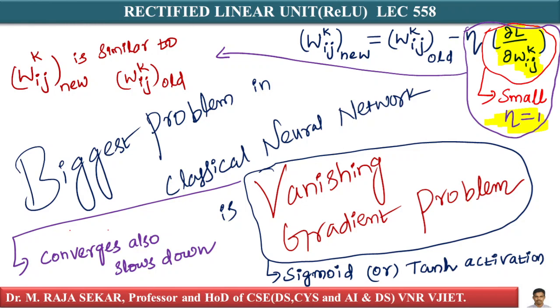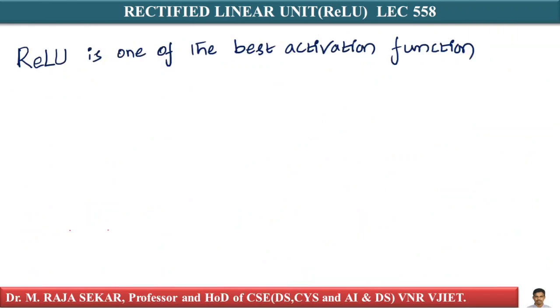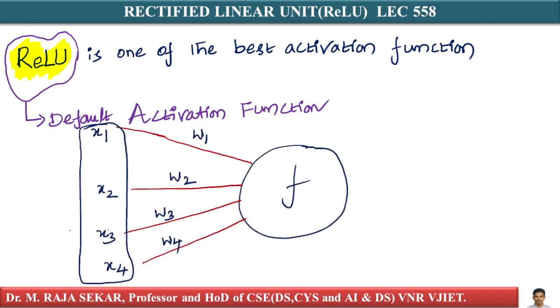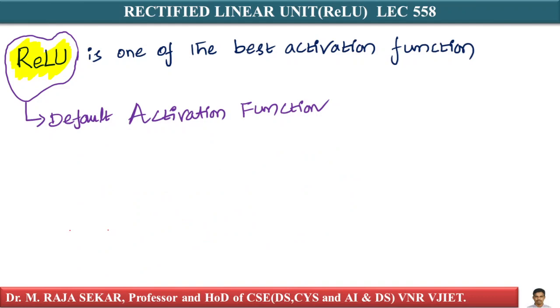So ReLU is one of the best activation functions, and oftentimes it is used as the default activation function for lots of problems. Earlier, people used to use sigmoid or tanh as default activation functions. But today, the default activation function is ReLU, especially in multi-layer perceptrons.